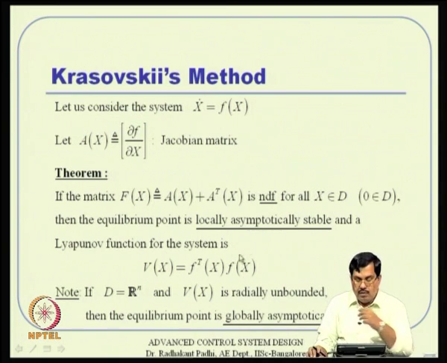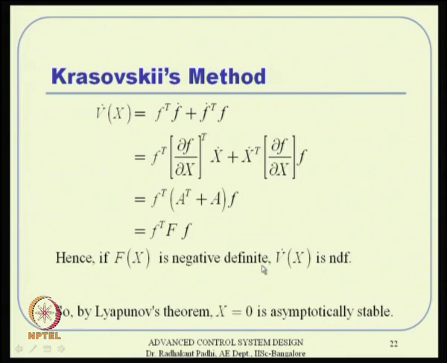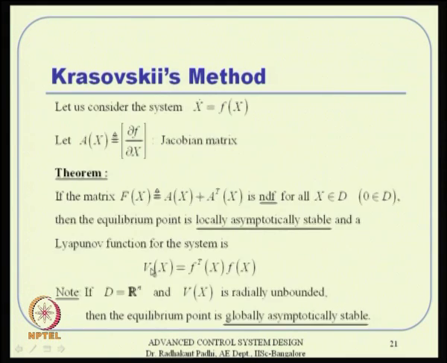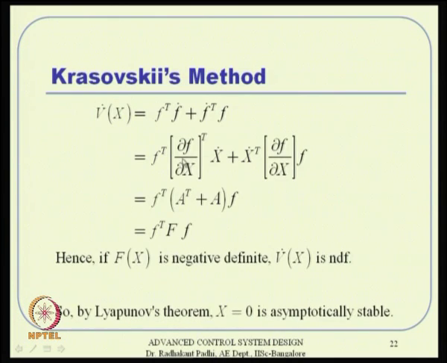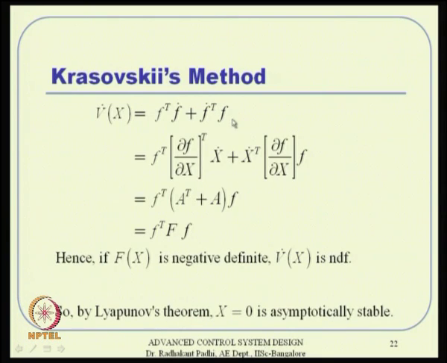In addition to that, if this happens to be radially unbounded, of course, we do not have direct control on f transpose f, because f is the system dynamics, but if it happens to be radially unbounded, then it is also globally asymptotically stable. Realizing this intuitively is not very difficult, because V of x is f transpose f, then V dot is nothing but that, and f dot is del f by del x times x dot.